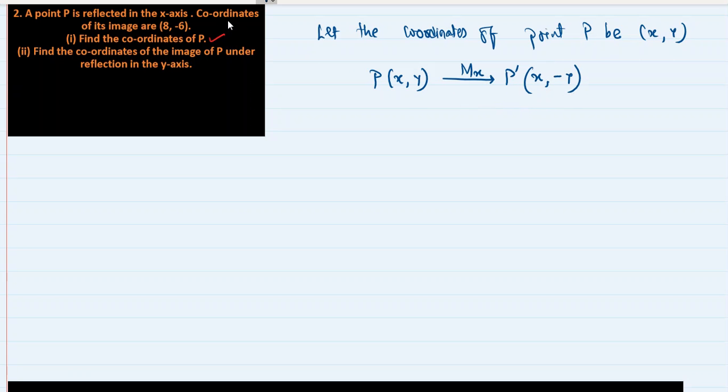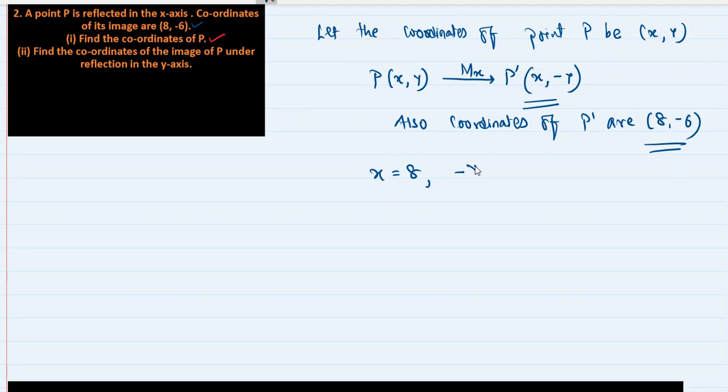And we already know the coordinates of its image also. The coordinates of P dash are (8, -6). See, it is given over here. So we know the coordinates of point P dash in terms of x and y and the numbers. So x = 8 and -y = -6.